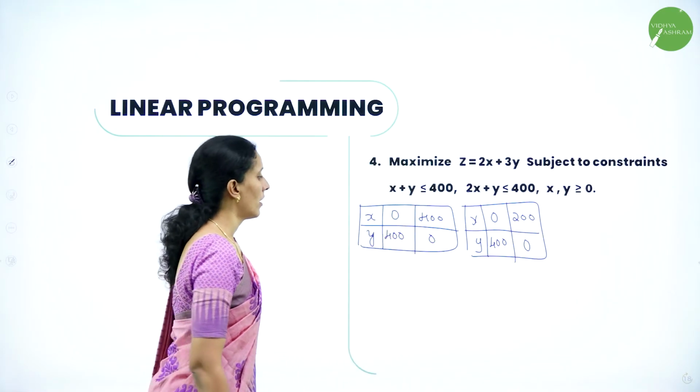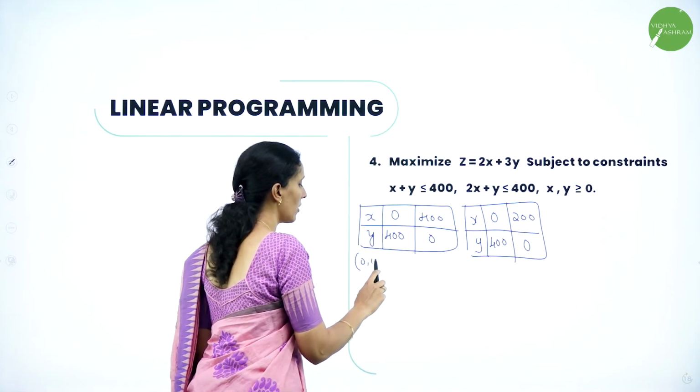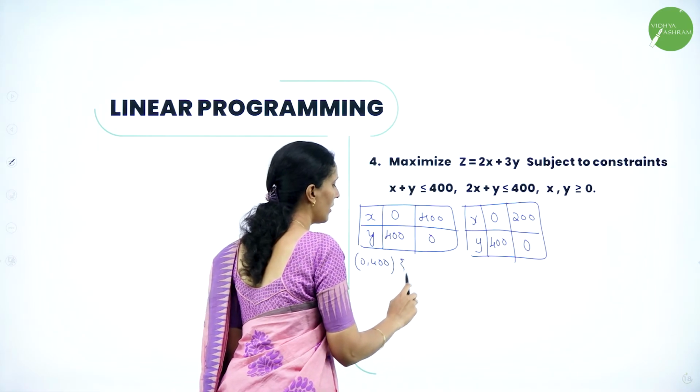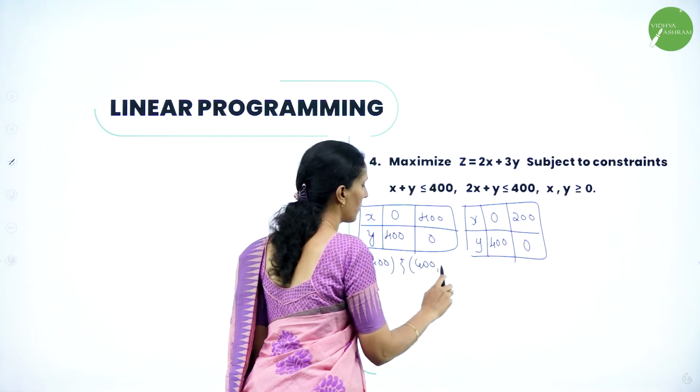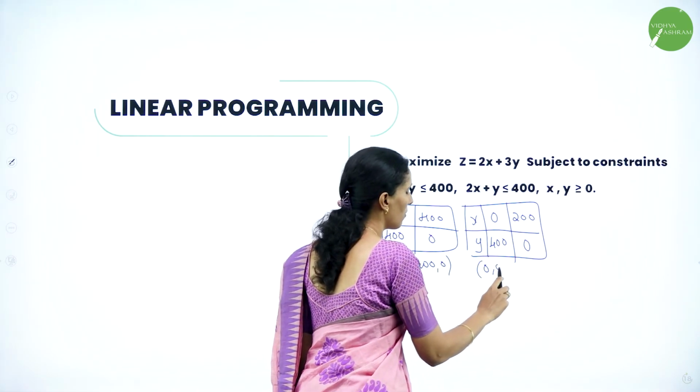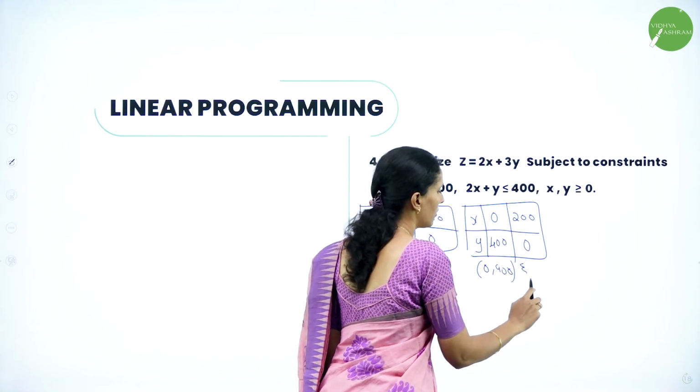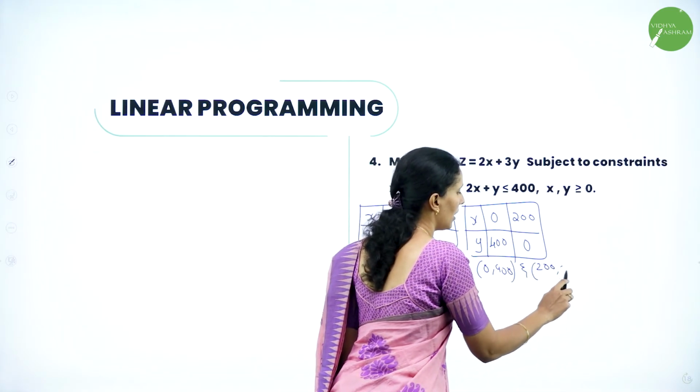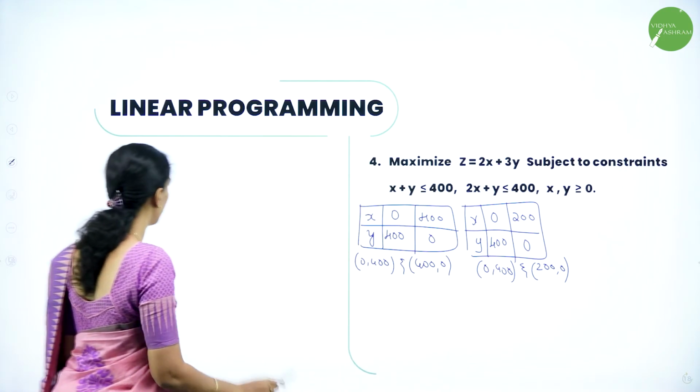So you can write the points. One is 0, 400 and 400, 0. Another one is again 0, 400 and 200, 0. Let's plot this in a graph.